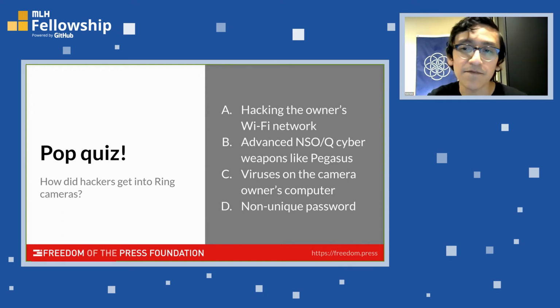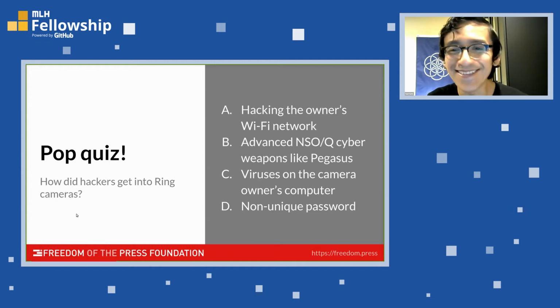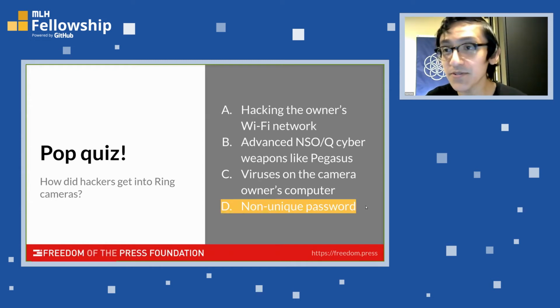Was it C, viruses on the camera owner's computer? Or was it D, non-unique password? Yep, y'all know this by now. Non-unique password, and also no two-factor authentication, which we'll go into what that is in a little bit.